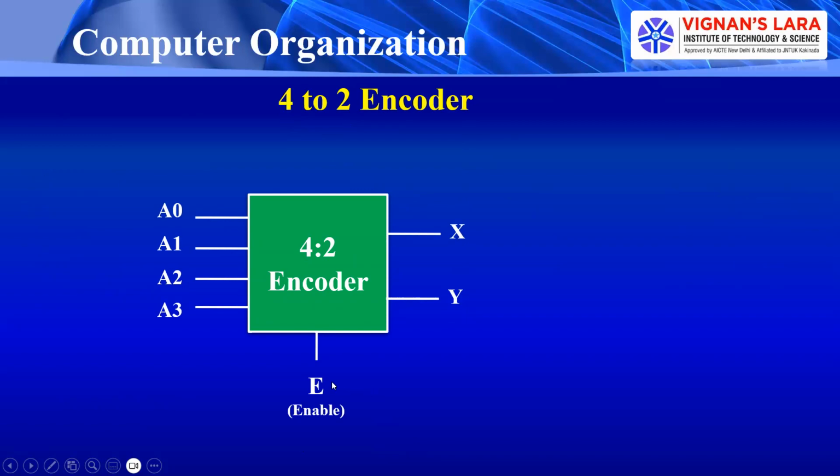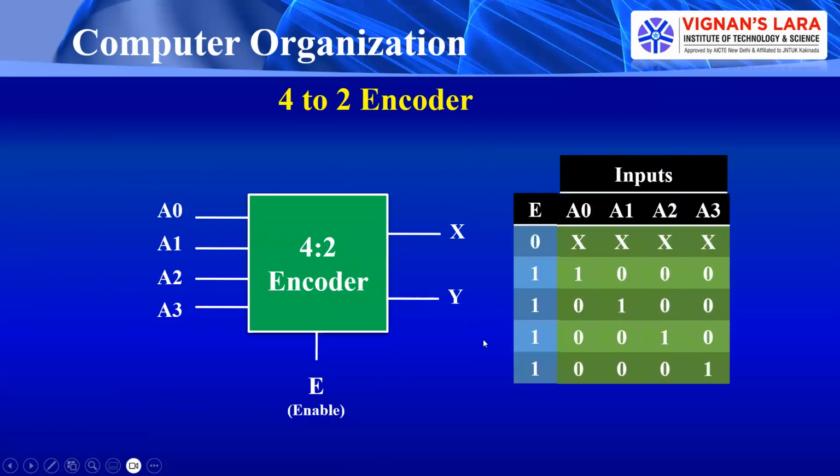As usual, we have an enable input. If this enable input is active and one of the inputs of the encoder is active, its corresponding binary code is produced at the output of the encoder. If the enable signal is not active, even though one of the inputs of the encoder becomes 1, the output of the encoder may not be defined. It is don't care.